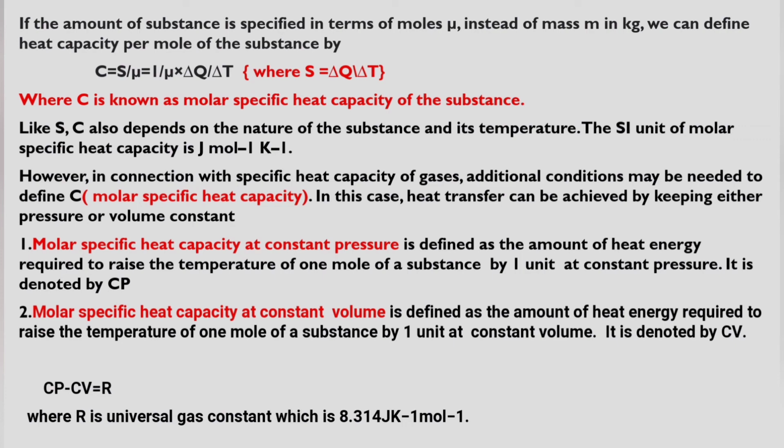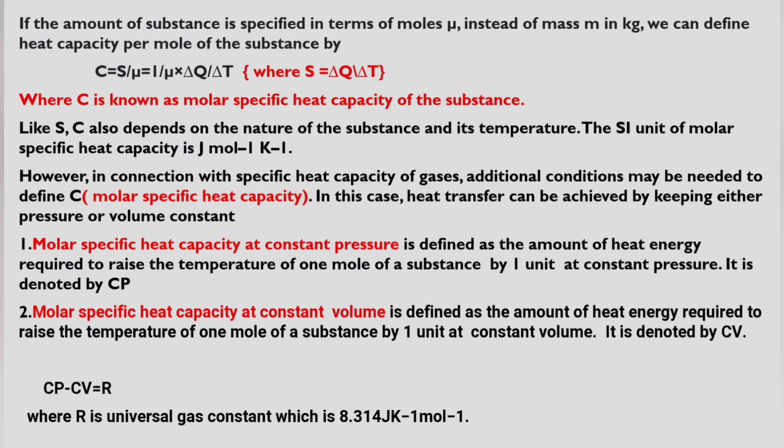When we keep the pressure constant, it is the molar specific heat capacity at constant pressure. In other words, it is the amount of heat energy required to raise the temperature of 1 mole of a substance by 1 unit at constant pressure. It is denoted by Cp.